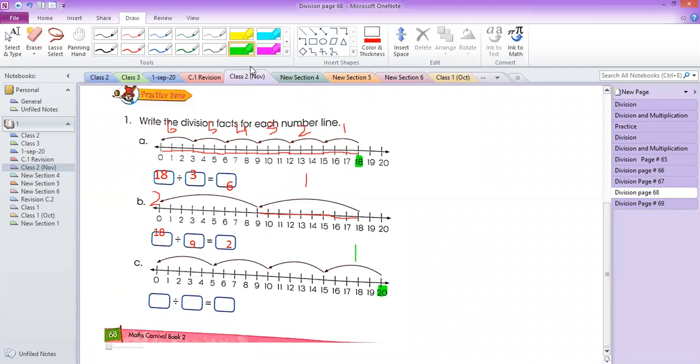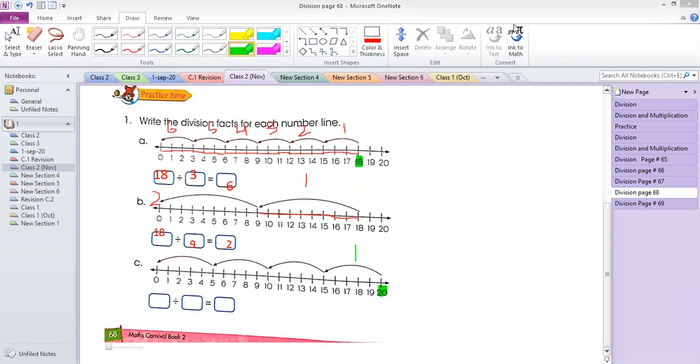I'm going to open your mics and you have to tell me the divisor. 20 divided by what number?